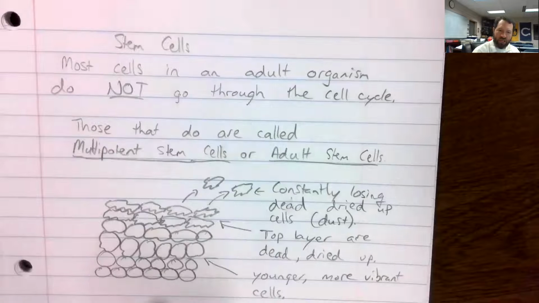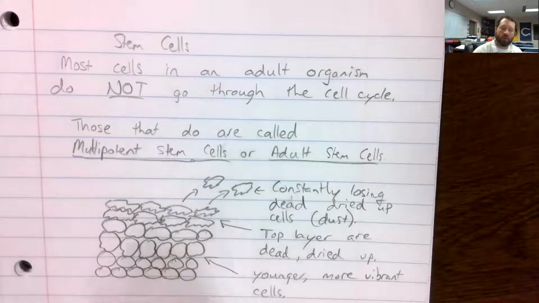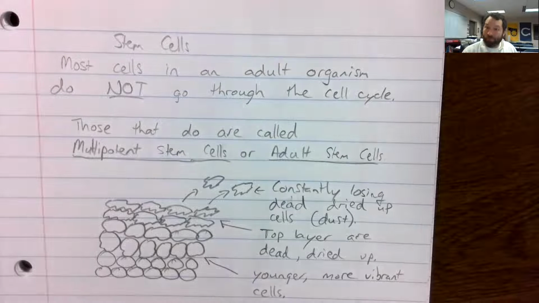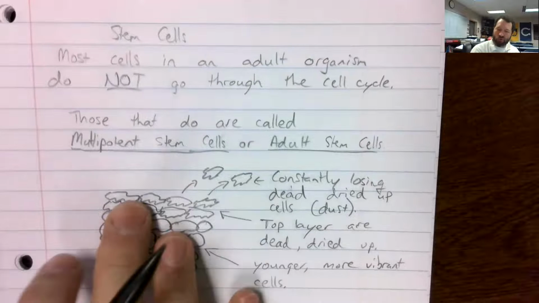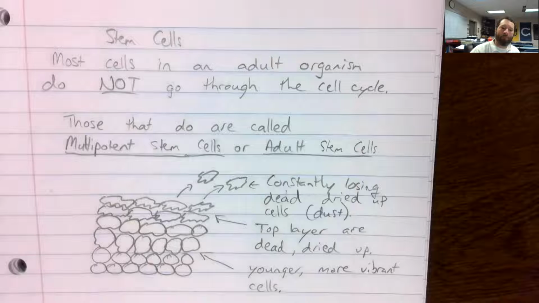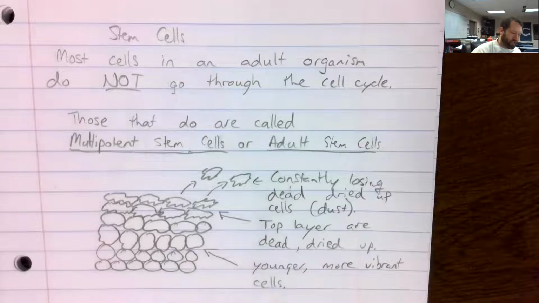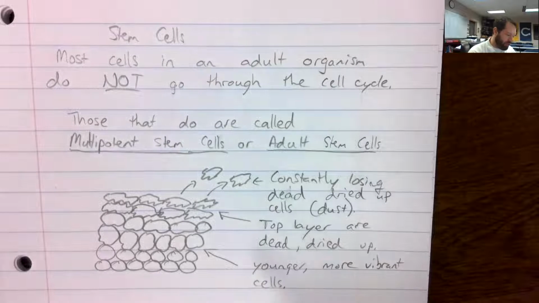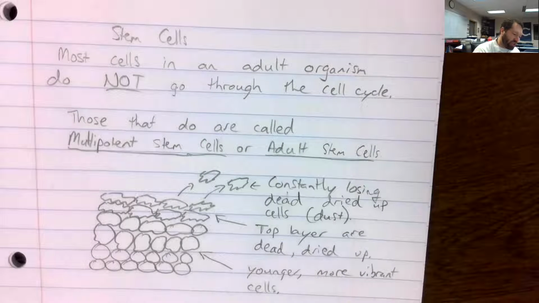But if you were to get cut, you can see down into those younger layers. They're not dried out. There's water or blood, held in by the outer layer surrounding them. They're a nice color of pink usually. They're vibrant, they're young, they're healthy, they're going. So that's these younger cells underneath.